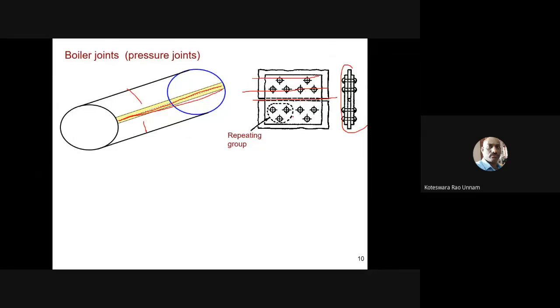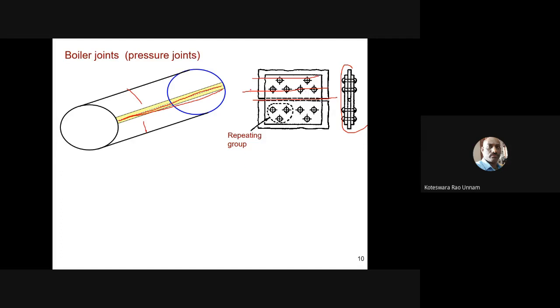While designing the joint, or if you want to estimate the strength of the joint, I won't consider all the rivets in the joint. While finding the strength or efficiency of the joint, I won't consider all of them. That's why we define pitch, back pitch, diagonal pitch, and also marginal pitch. Of course, we'll consider all those things while defining the failure.